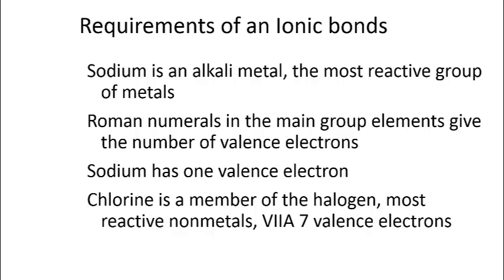Let's draw an energy level diagram to represent the distribution of electrons in both the sodium and the chlorine atoms. So starting with sodium, sodium's atomic number Z is equal to 11. Beginning with the 1s orbital, sodium's 1s orbital is completely filled.